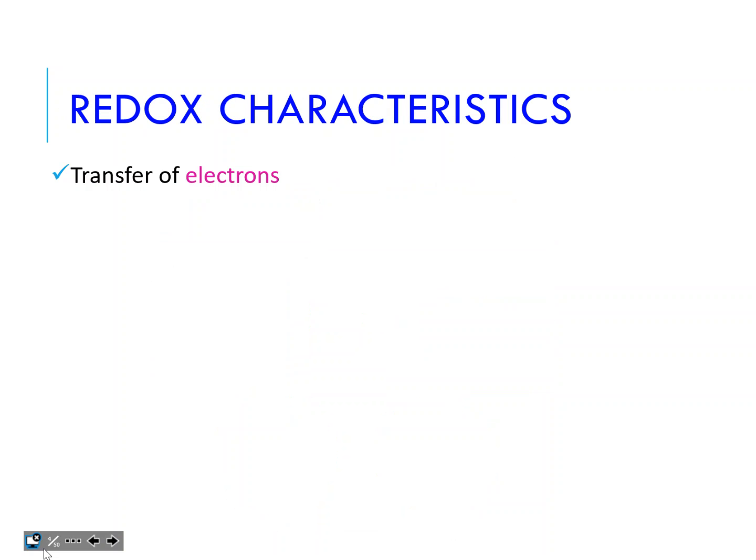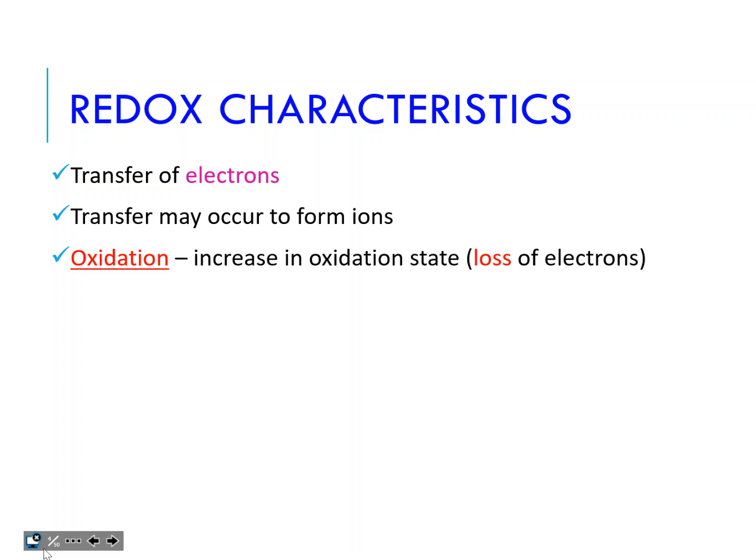Because redox is a transfer of electrons. And it may occur to form ions, because transferring electrons may give you charged particles. Oxidation is when there is an increase in oxidation state. So an increase in oxidation state means your number is becoming larger or more positive.